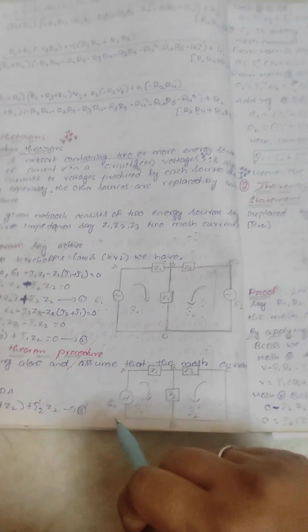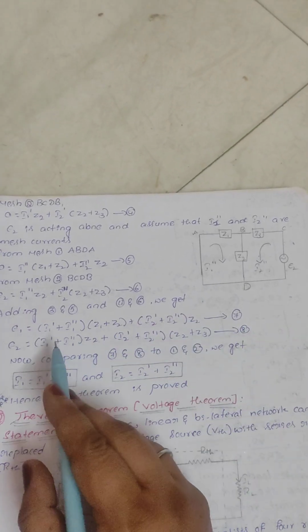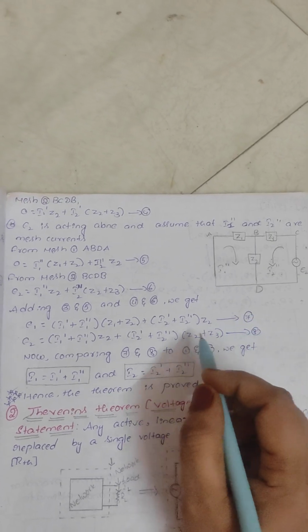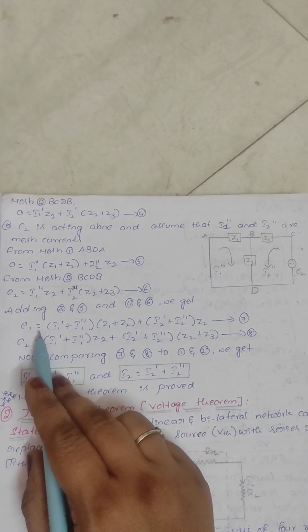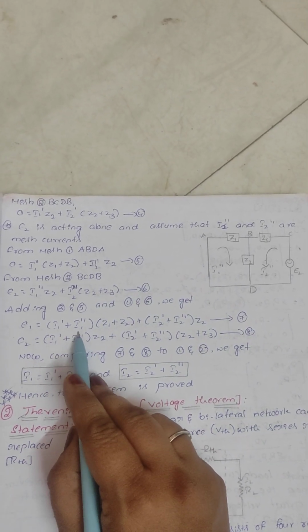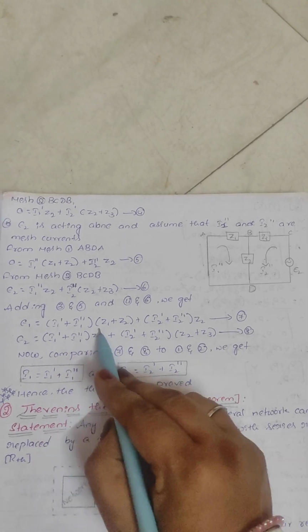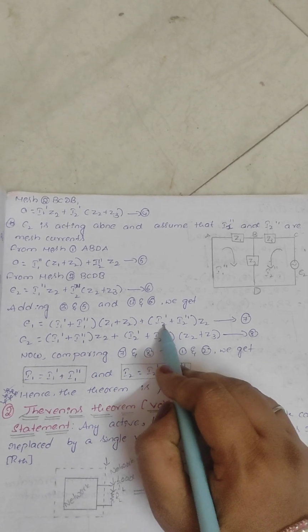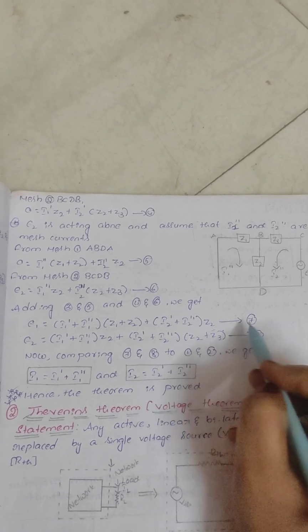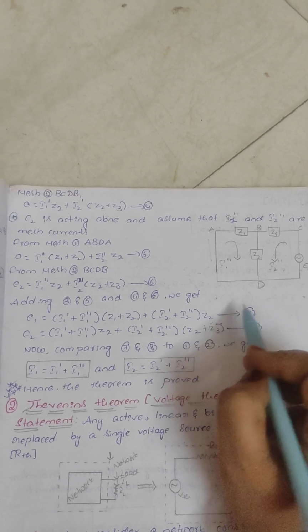From solving this equation, we get E1 is equal to I1 dash plus I1 double dash into Z1 plus Z2, plus I2 dash plus I2 double dash into Z2. This will become equation 7.